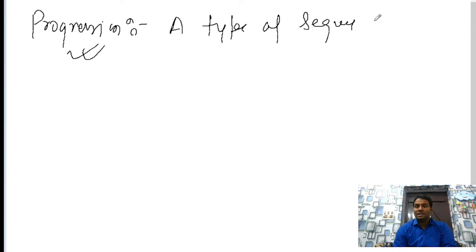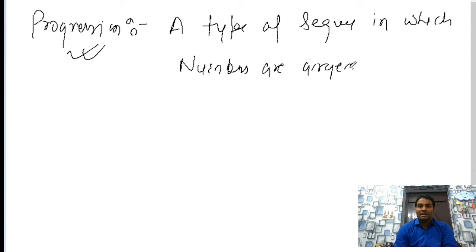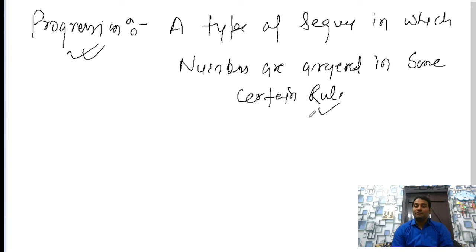So what is progression? Progression is a type of sequence in which numbers are arranged by some certain rule.